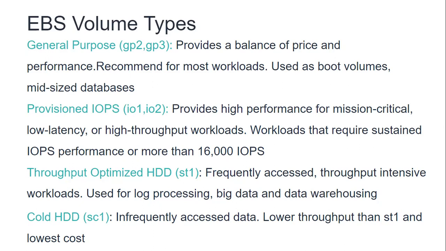You have the general purpose, as the name goes. If you just want a volume, you don't have any special use cases, or you don't even know what you want, you can just go with the general purpose, and you have GP2 and GP3 under the general purpose. These are different versions of the general purpose.